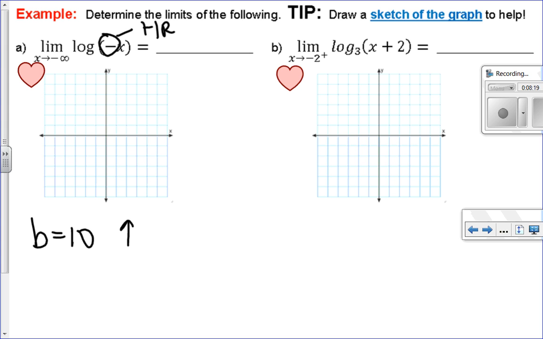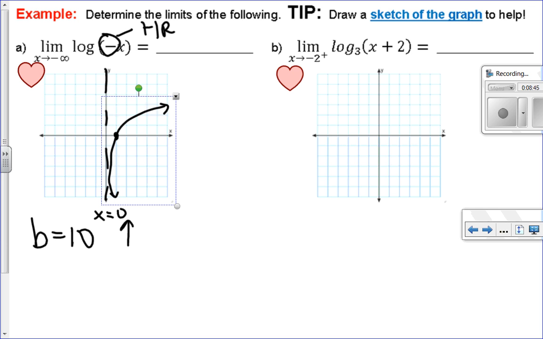So let's draw the base graph here just to start. So base graph has a vertical asymptote at 0. Horizontal reflection is not going to change that. Then it has an x-intercept at 1, and it's an increasing graph. So just a little rough sketch, nothing too advanced or detailed. So there's what my graph of log x looks like.